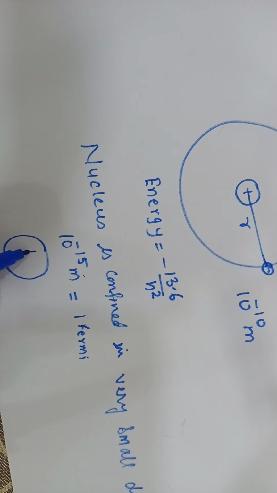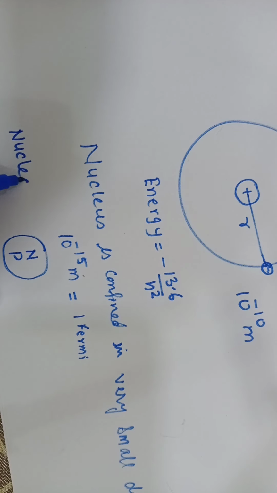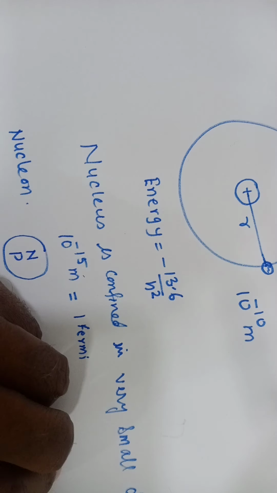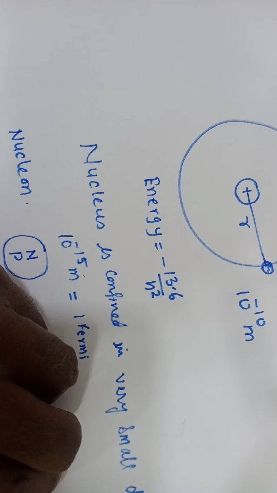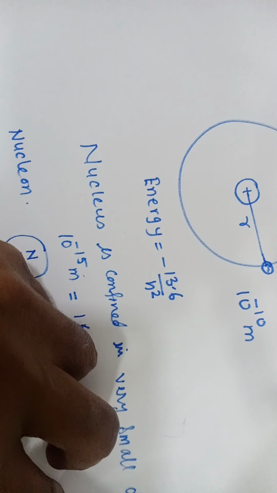Today we know about the neutron and proton, or the nucleon. We are going to discuss how these nucleons are held together, and in the later part of the chapter we will continue with nuclear fission and fusion.